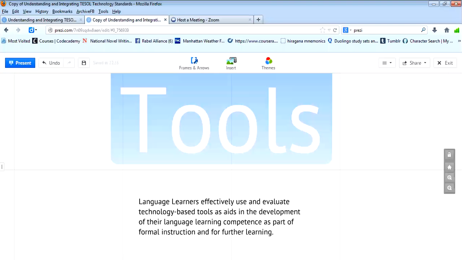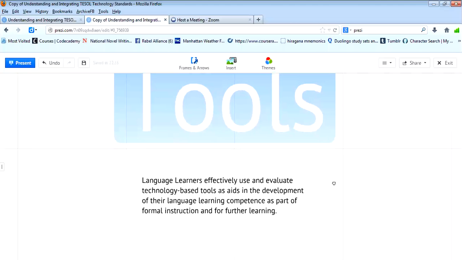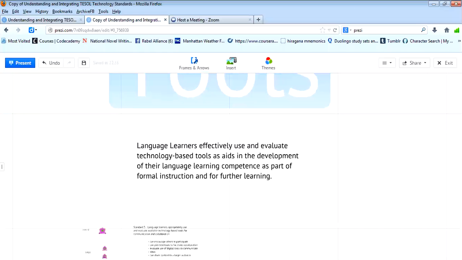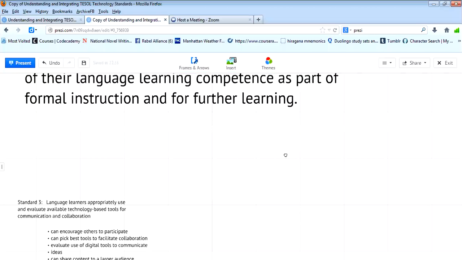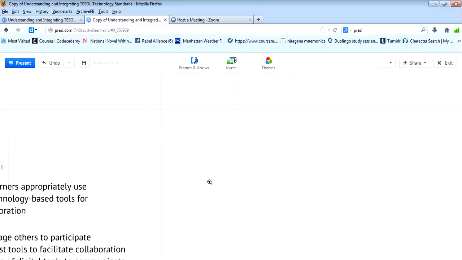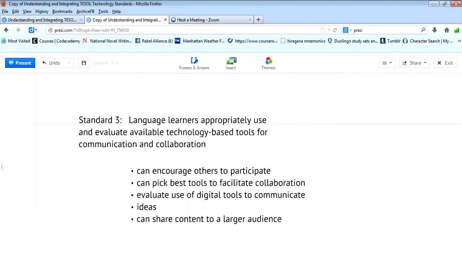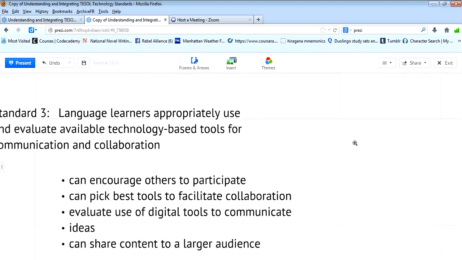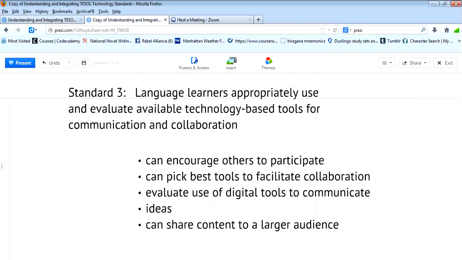Okay, here we are at a slightly simpler version of this. This is just the part my particular lesson plan relates to. So this is under tools, if you remember. And once again, how language learners effectively use tools for collaboration. And let's look specifically, again, at what we're doing here. And you notice that there are 3 parts to this standard.